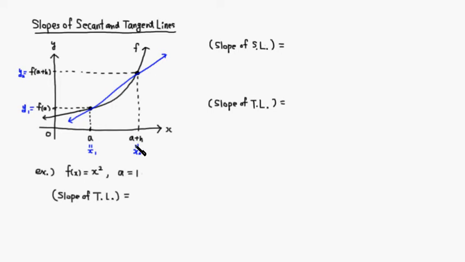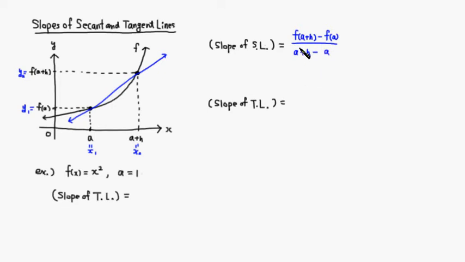So y2, which would be f of a plus h, minus y1, which is f of a, over x2, which is a plus h, minus x1, which is a.